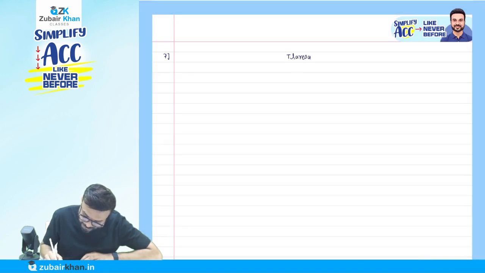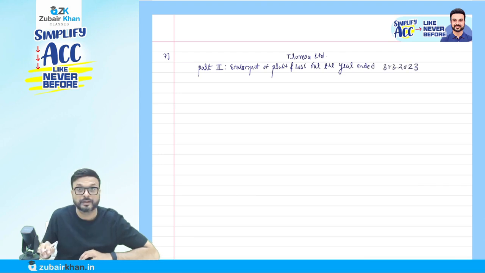Okay, Trevisa Limited. Part 2, which is the statement of profit and loss for the year ended 31st of March 2023.